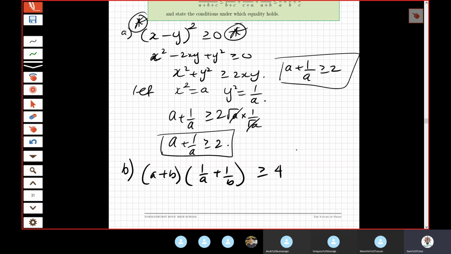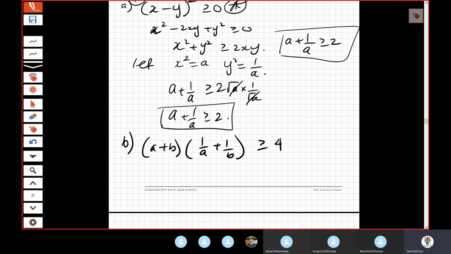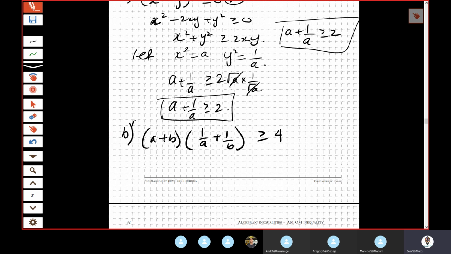Anyone have any ideas of what they would have done? We are required to prove this. What would you guys do with a question like this, if that's the only result so far? Ben, tell me. You've just proven part A. Now you've got B, required to prove this.